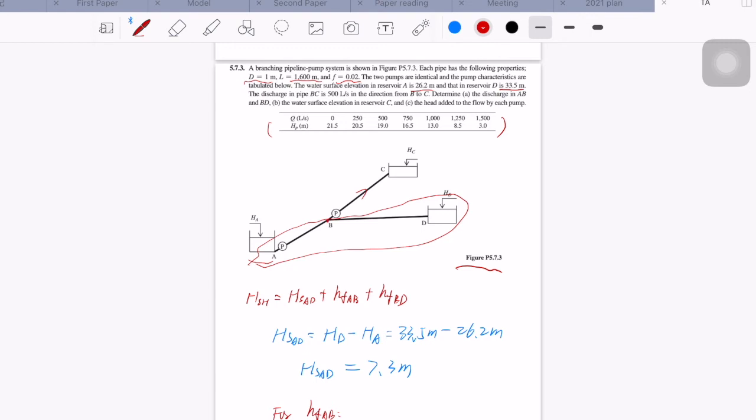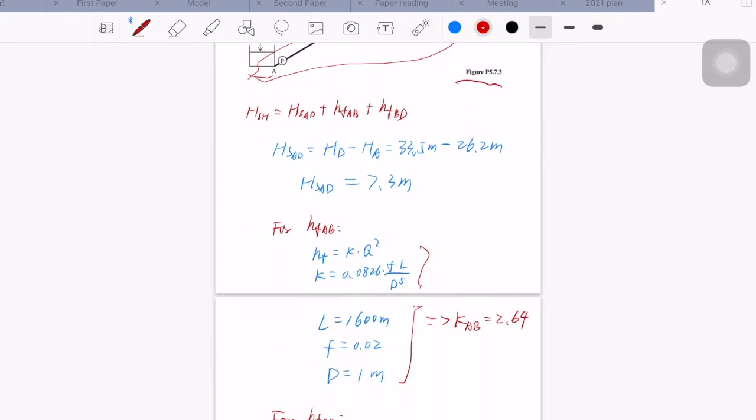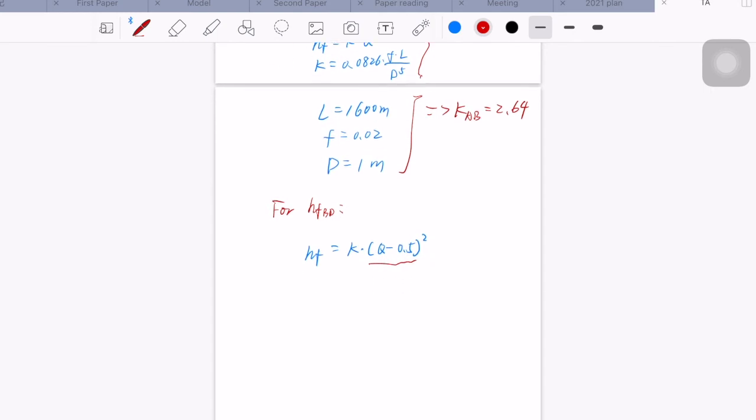Since we know the discharge in pipe BC is 500 liter per second, it equals 0.5 cubic meter per second. So after the junction, the discharge in the pipe BD is reduced by 0.5. That's why in this equation the Q needs to minus 0.5.